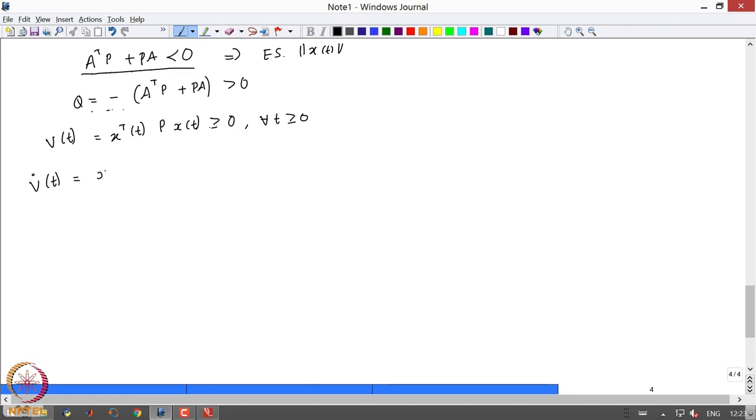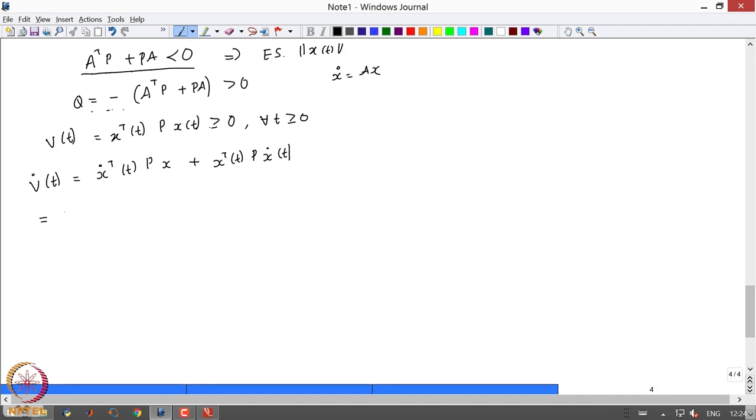So this will be, I am computing, x dot transpose of t P x plus x transpose of t P x dot of t. Okay. Now what is x dot? x dot is always A x. Okay.